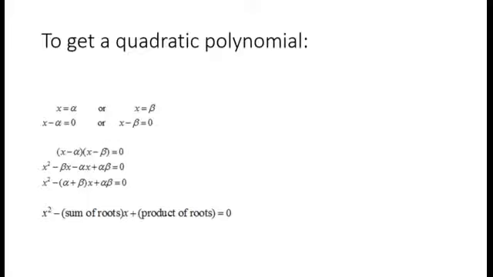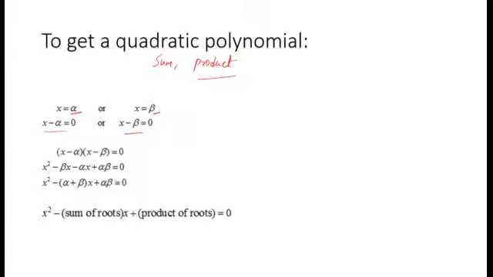This is the last topic that is important for us, if we want to make a quadratic polynomial whose sum of the zeros and product of the zeros, which we have discussed right now, are given to us. So here you can see this is the first root alpha and this is the second root beta. If we equate it with 0, it becomes x minus alpha times x minus beta.